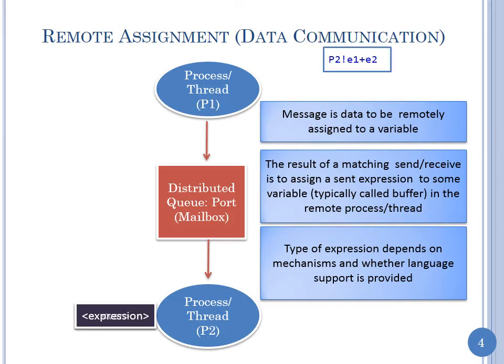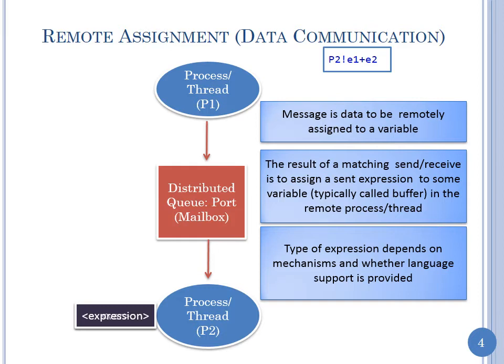So here's a language called CSP. In CSP, processes talk to each other directly, and one process can name another process. There's a distributed port, as I said, this distributed queue connecting the two processes, and the sending process names the port by using the receiver's name, P2.